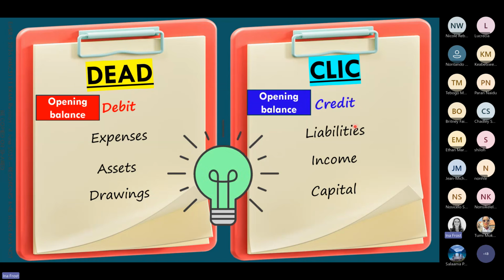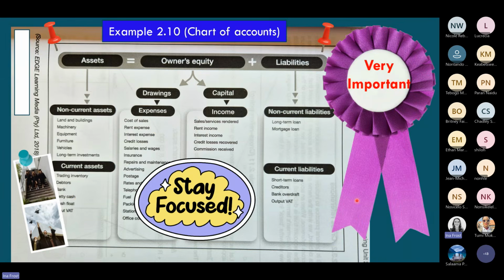So that's why in that creditors control account, I place the opening balance on the credit side. And I just want to bring you once again back to example 2.10 in your textbook. Earlier I said this page was so important to help you know the correct names of the general ledger accounts. But this page is equally important to help you know if it's an asset or a liability, income, or an expense.